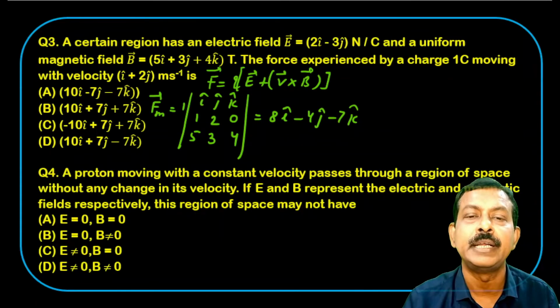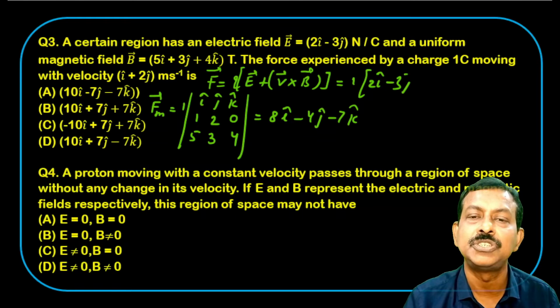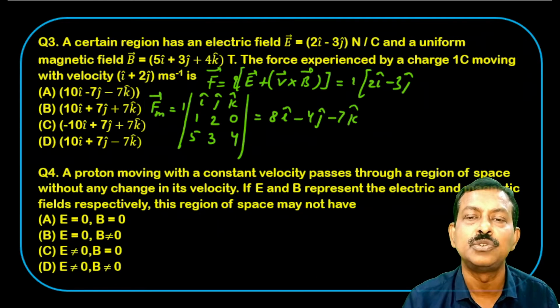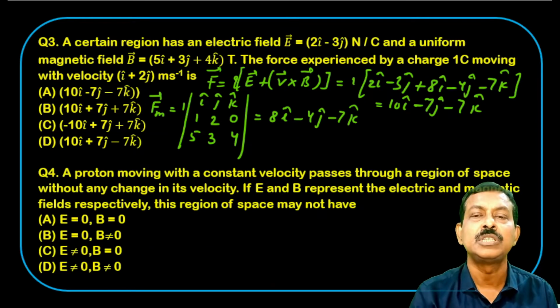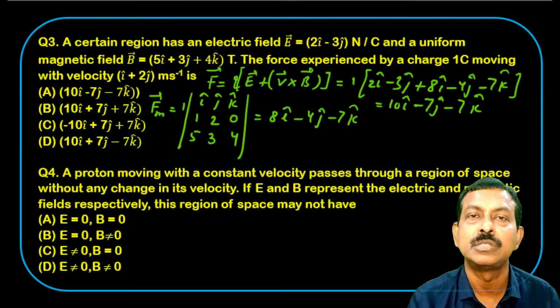Now, if you take the net force, the charge is 1 coulomb, so it is 1 here, and the electric field is given as 2i minus 3j, and for this one it is 8i minus 4j minus 7k. Adding, 2 and 8 gives 10i, so it is 10i minus 7j minus 7k. So this is the force acting on the charge of 1 coulomb.